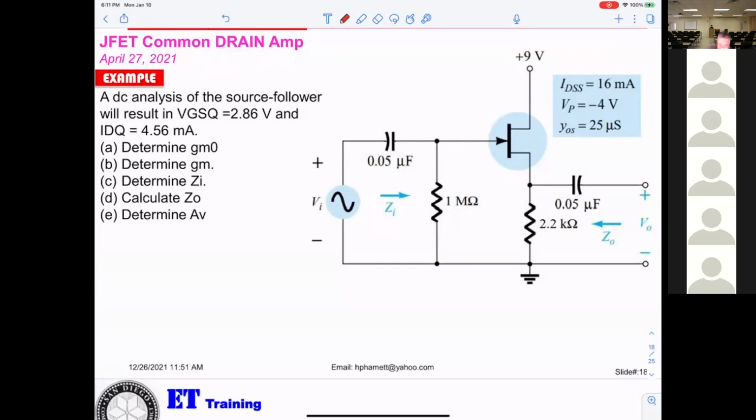Okay, so on this one here, it's supposed to be VGS off, not repeat. We're not going into detail, so we don't care about that one.